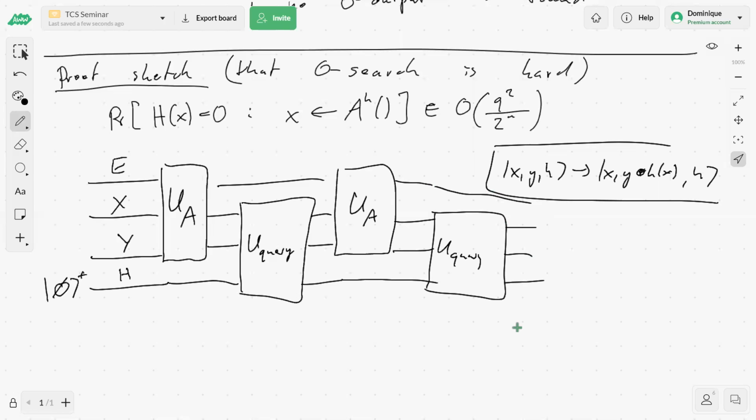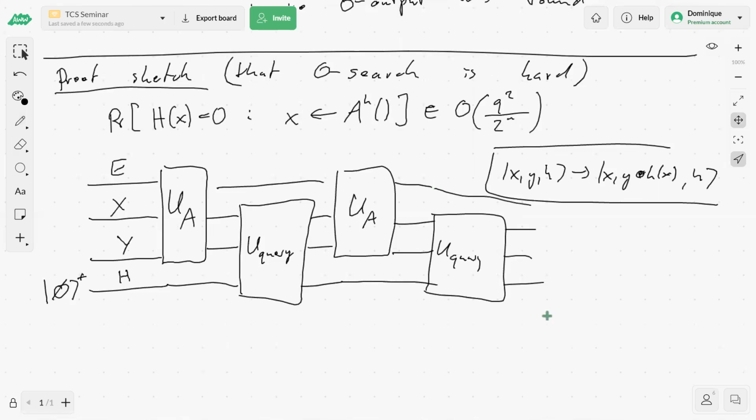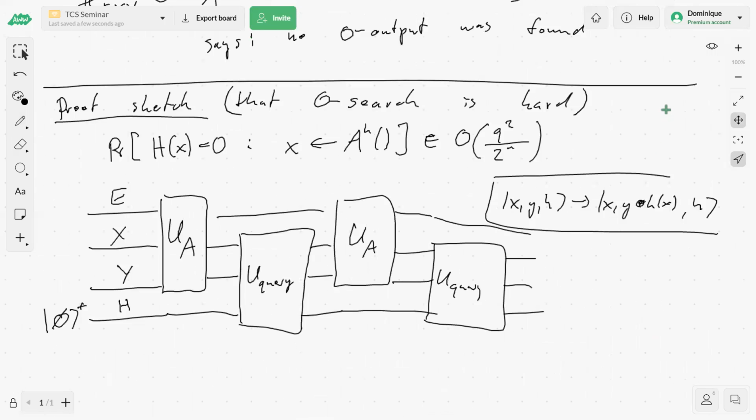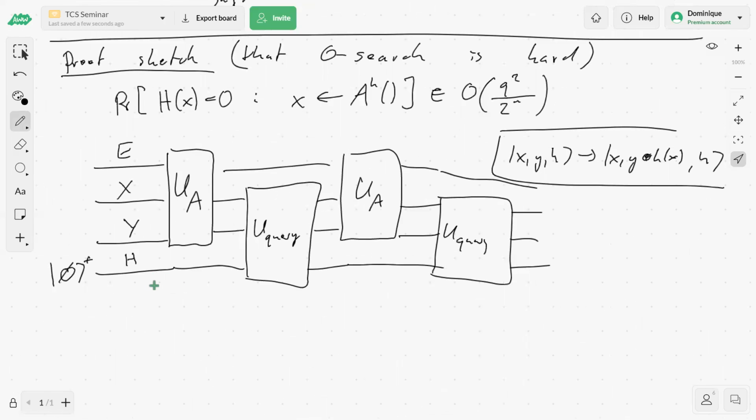I will look at, so remember we had this invariant here, that something is in the span of F's with 0 not in the image. So let's look at the initial state. The initial state has the empty function F in this last register.